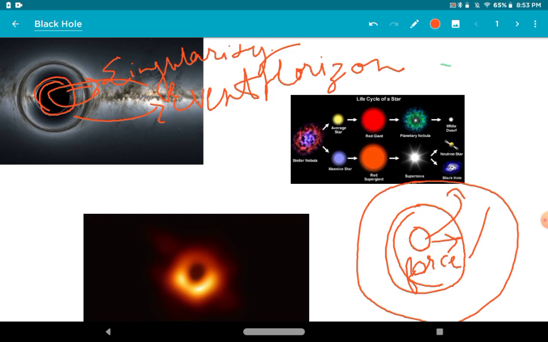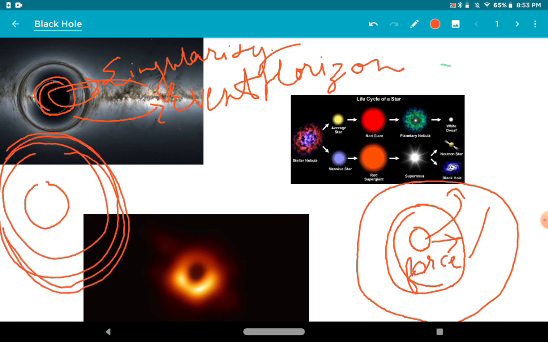So how do scientists find it? If many planets and objects are revolving around a black area, then scientists will assume that it is a black hole, and there are various methods to do it. So we have only one image of the black hole.